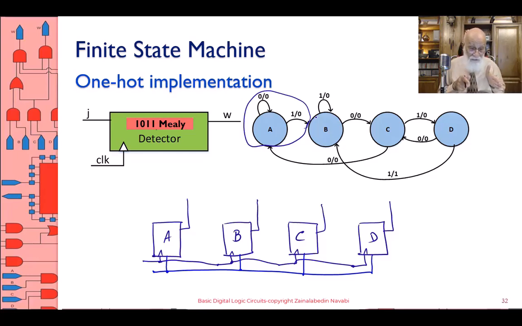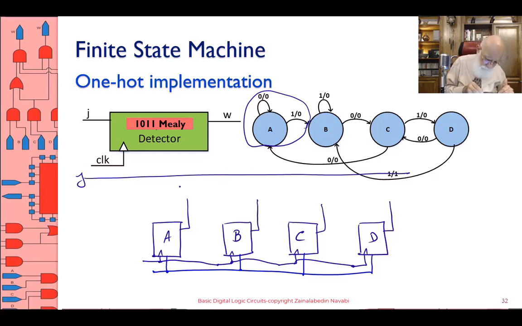When I'm in state A, I either go back to state A or I go to B depending on the value of J. What it means is, depending on J, if J is 0, see, when I am in state A, I'm saying something, turning it into gates. When I am in state A, that means when this signal is 1.